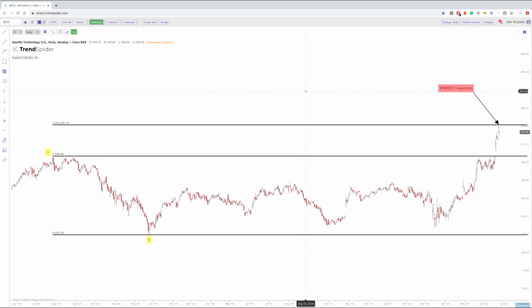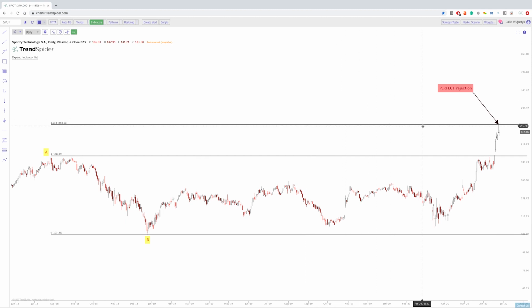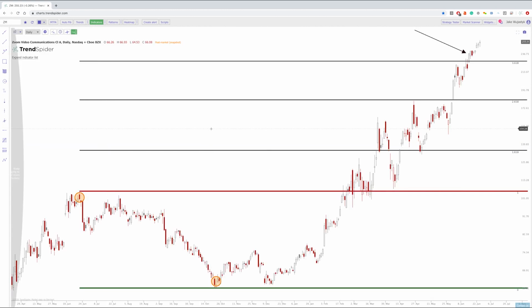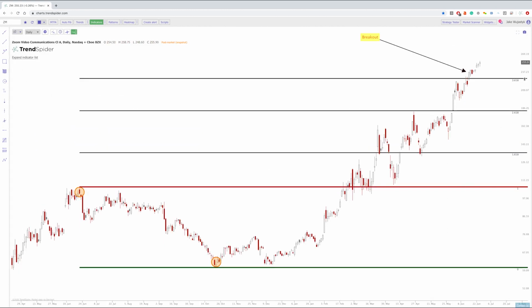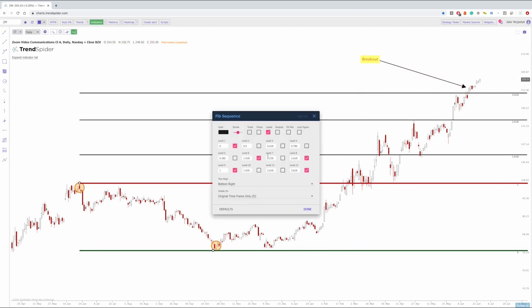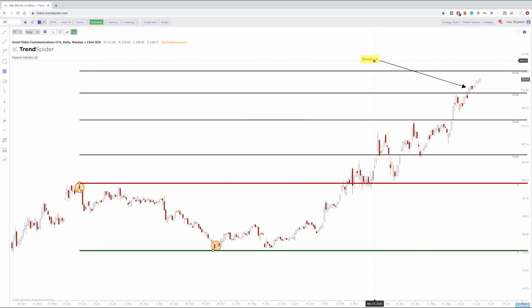And so if we go to something like Zoom, you'll see Zoom has really respected these areas as well. If we look at all of these different extensions, Zoom just won't stop. We have to now add a 4.618 extension for the next one, and we're almost there already. You can see every extension has been almost perfect resistance or support.